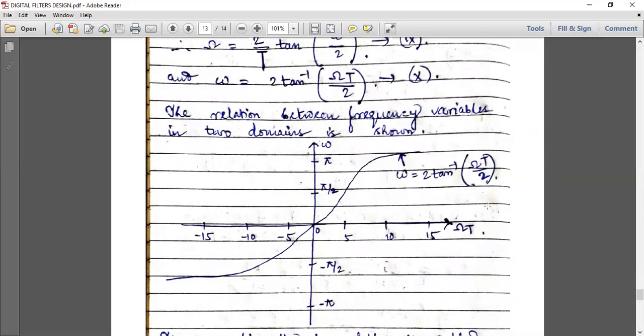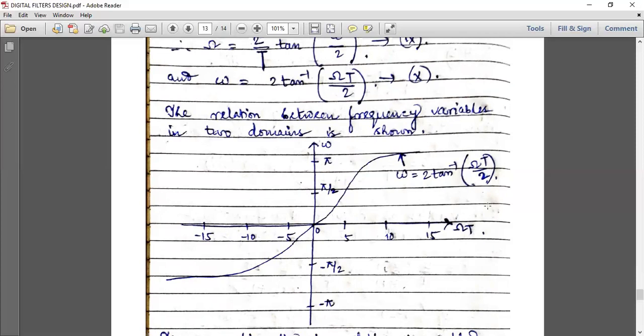Now, what do you understand from this figure? Now listen to what I am saying. It is observed that the entire range in ohm is mapped only once in the range minus pi to pi. The complete negative axis in the S plane, from ohm equal to minus infinity to ohm equal to 0, is mapped to the lower half of the unit circle, from omega equal to minus pi to omega equal to 0, or z equal to minus 1 to plus 1.